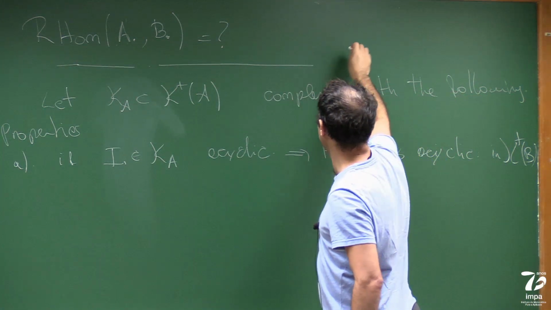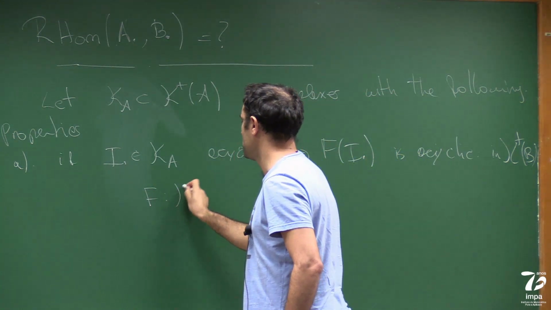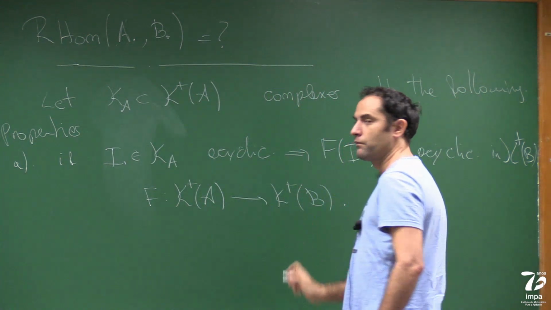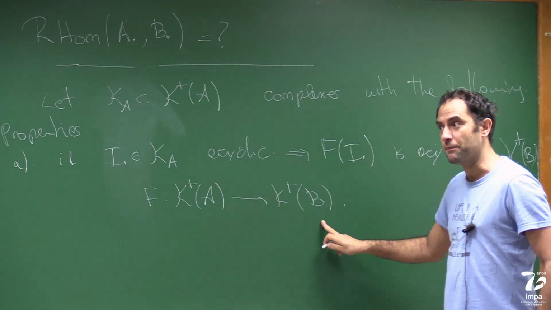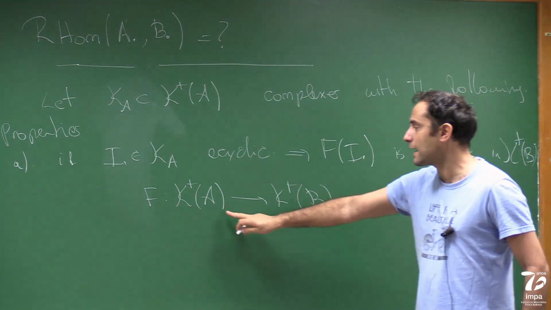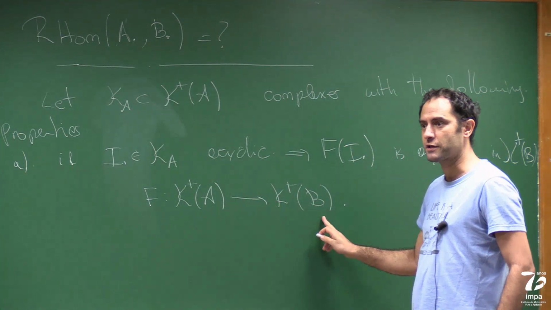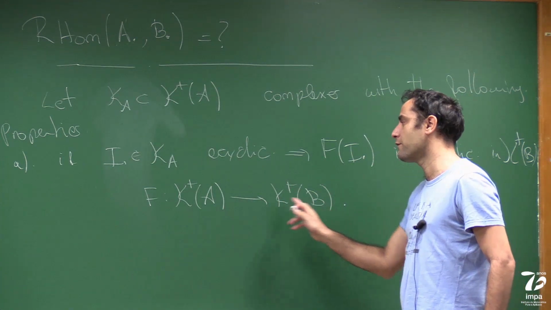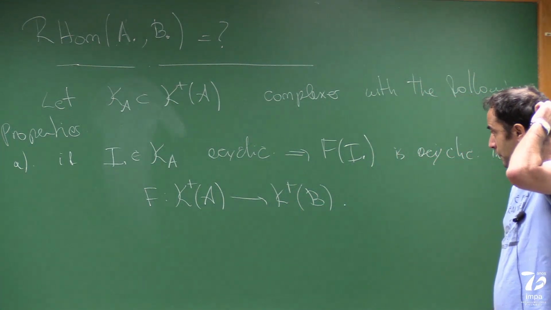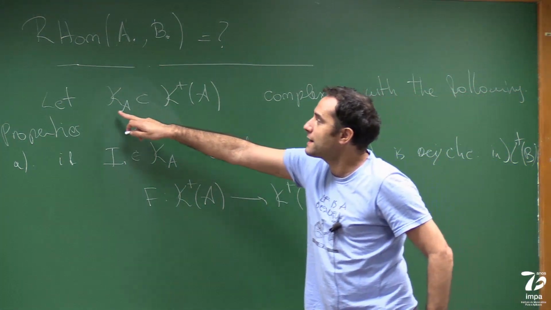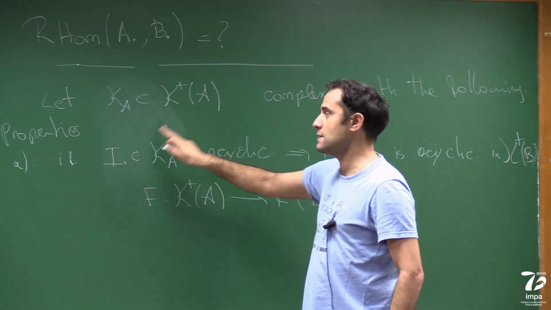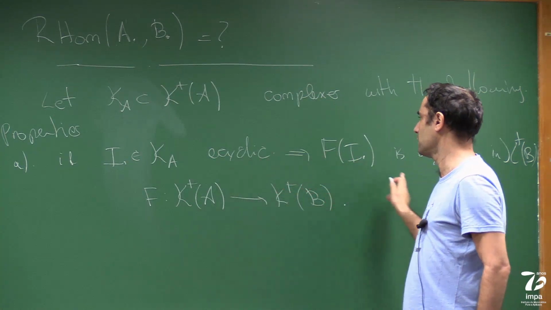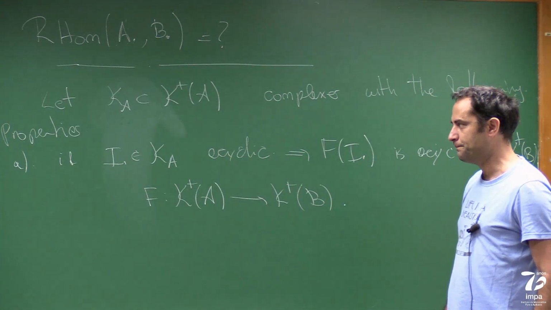So here F is a functor between K plus A and K plus B. It doesn't need to be coming from a functor from A to B. It needs to be an exact functor of triangulated categories between the homotopy categories, but it doesn't need to be defined naively from a functor of the abelian categories. Now, of course, when I take K_A to be complexes of injectives in A, this satisfies this. For any left exact functor of the additive categories, this was satisfied.